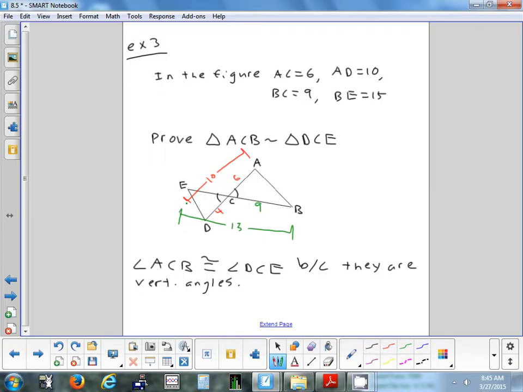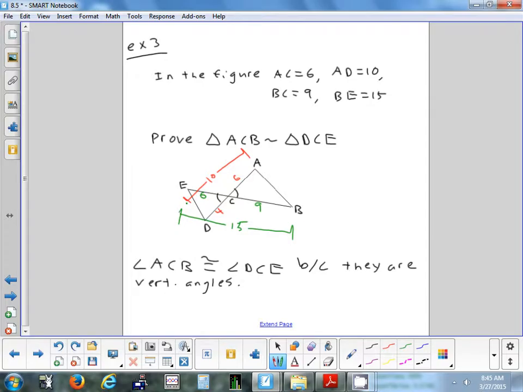So how long is EC? Oh, Selena? 6. Good. So this is 6. Okay. So I did it in different colors so you could try to maybe keep it straight a little bit.